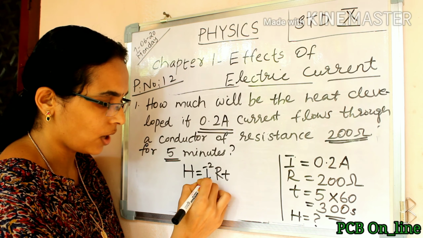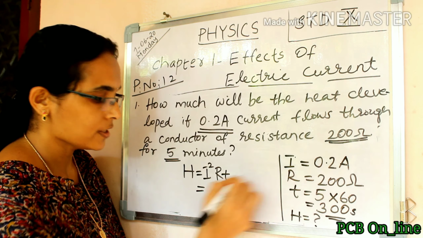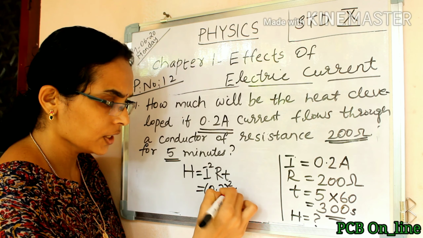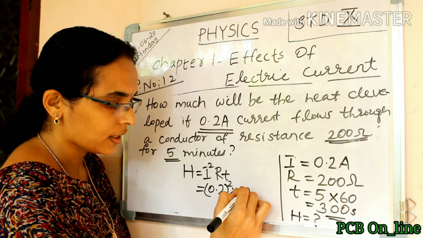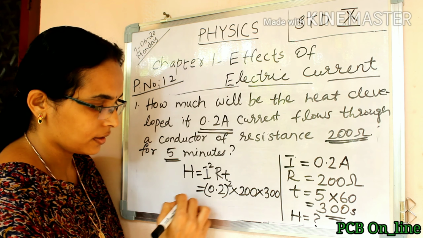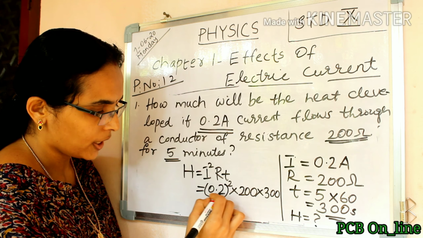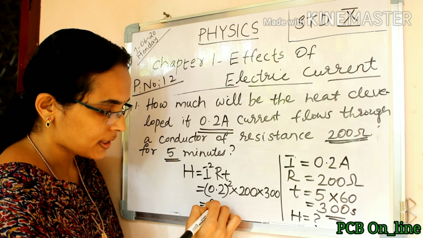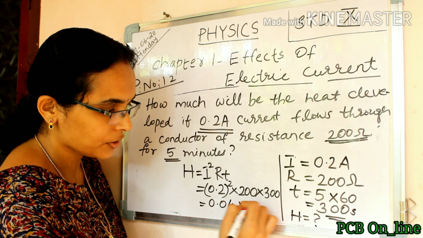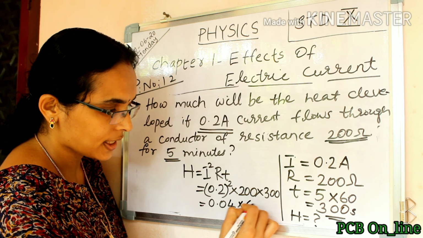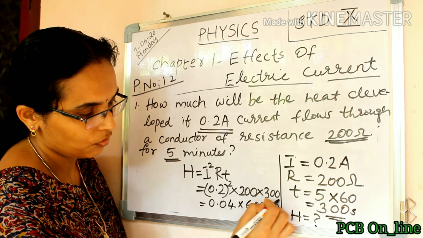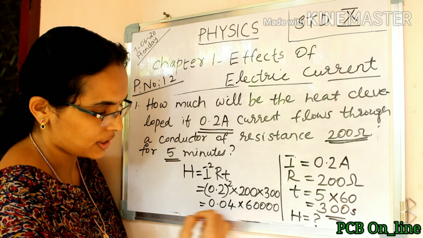Then substitute for I, that is 0.2 ampere, 0.2 square into 200. R is given as 200 and T is given as 300. Now what is this? 0.2 into 0.2 is 0.04 into 200 into 300, that is 6 with 4 zeros, that is 60,000.